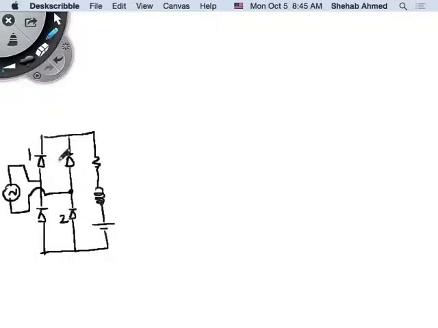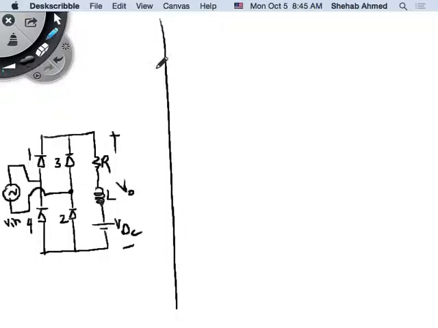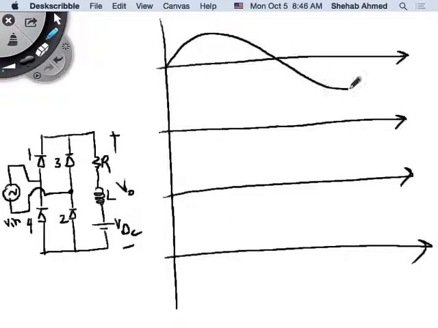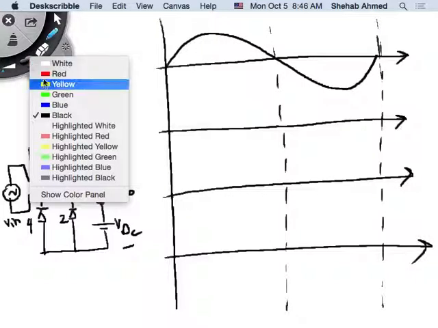One, two, three, four diodes, R, L, VDC, V input, and this is my V output here. And we draw our waveforms again. It's my input voltage waveform. And this is my DC source.